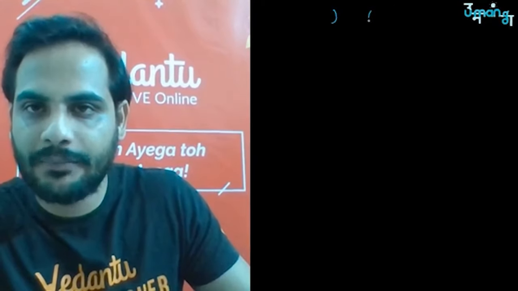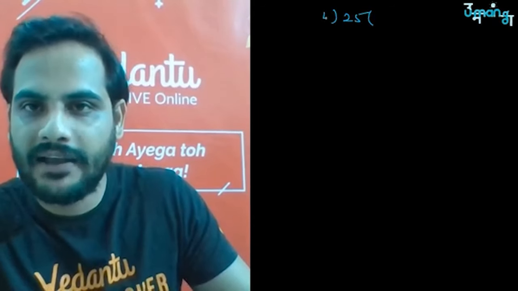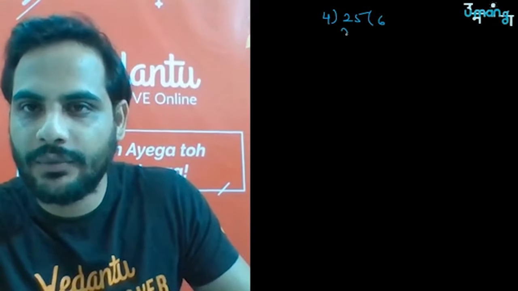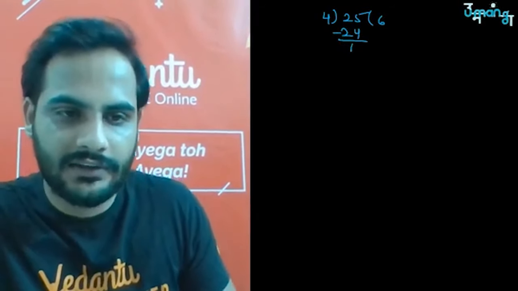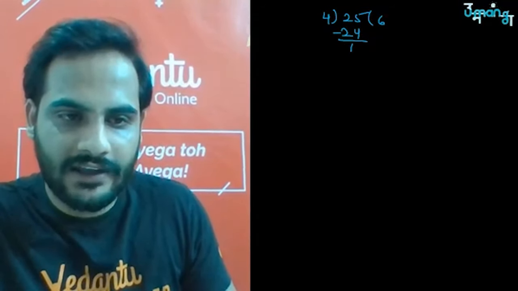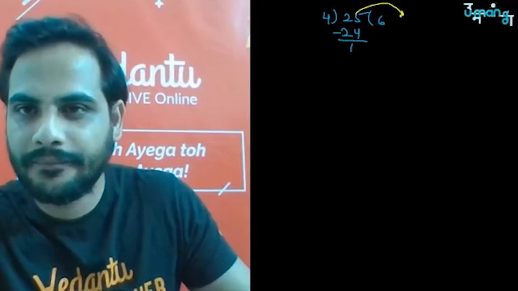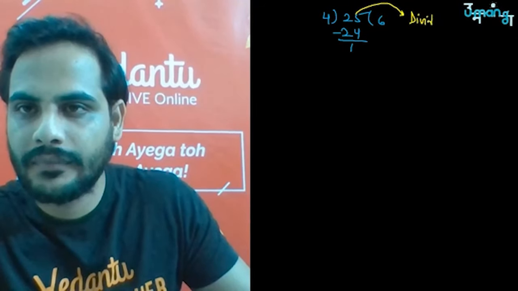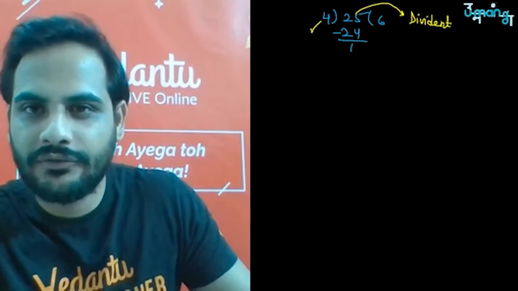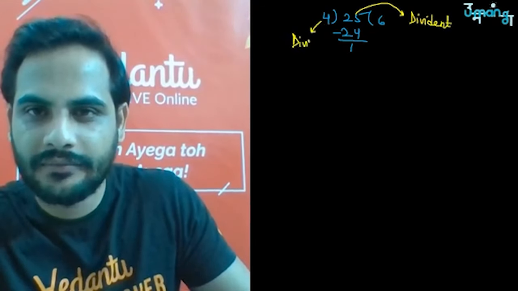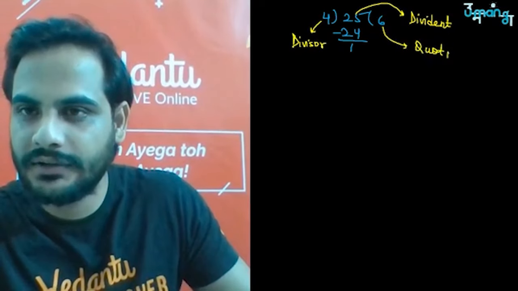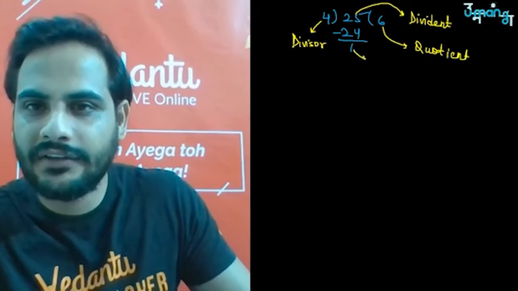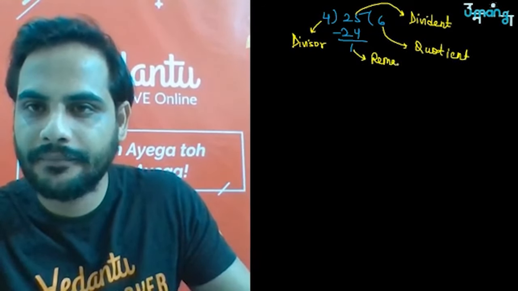You know that if I divide, suppose, 25 by 4, 4 sixes are 24 and the remainder is 1. So in this case, 25 is your dividend, this 4 is your divisor, this 6 is your quotient, and this 1 is your remainder.